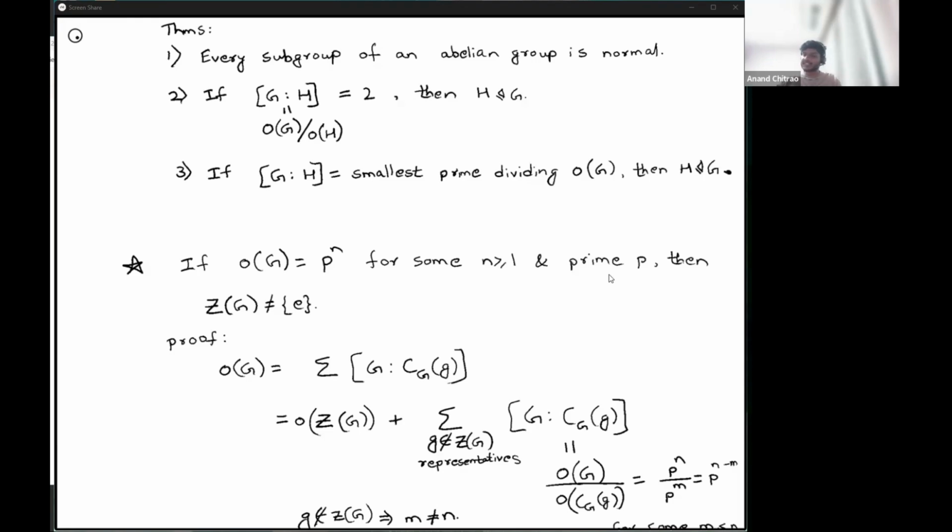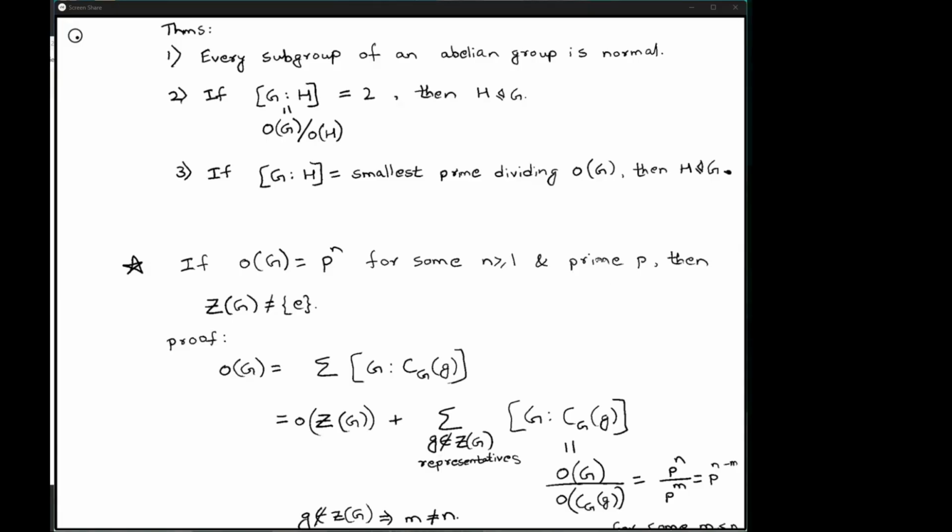Any more questions? Sir, for non-isomorphic abelian groups, when we have to find the order of the group, we factorize the number and take the partition of the power, so that many non-isomorphic groups.